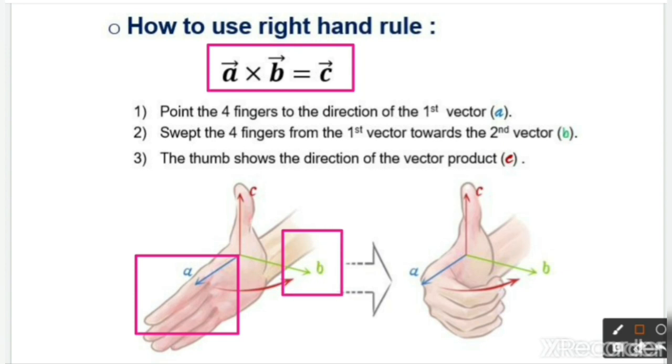The direction of your thumb will then be the direction of the vector product, C. In this example, it is pointed upward.